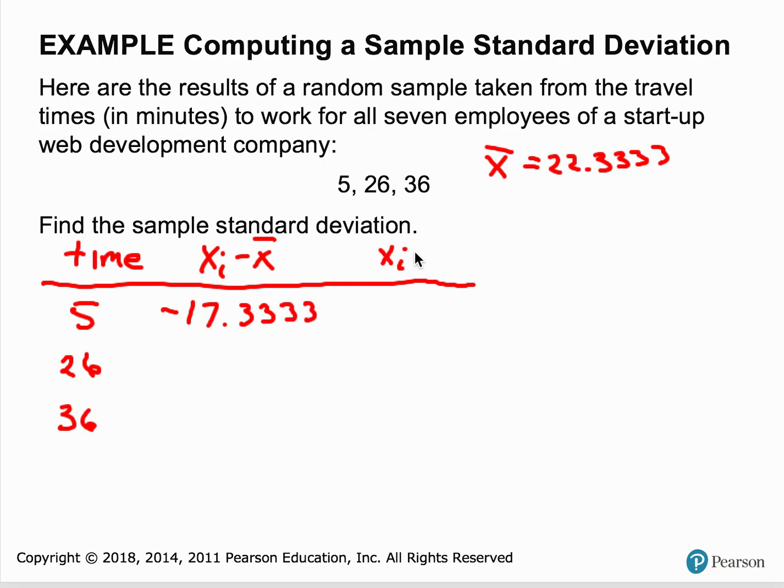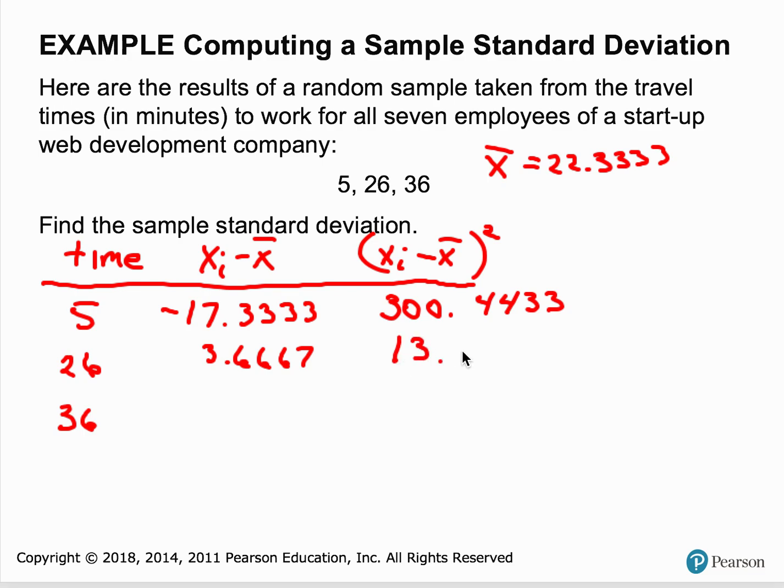And since I know now that my next column is actually going to be this squared, while I have that on my calculator, I can just square it, right? Saves me going back and re-entering. 300.4433. Okay, now we have 26 minus 22.3333 to get 3.6667. If I square that, I get 13.4447.